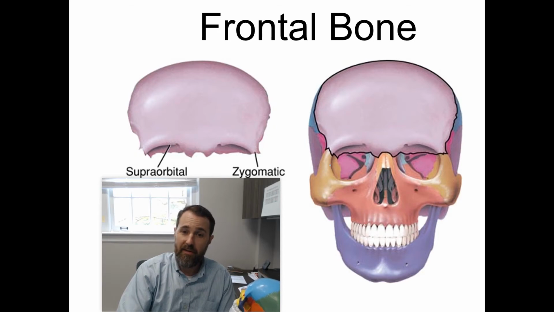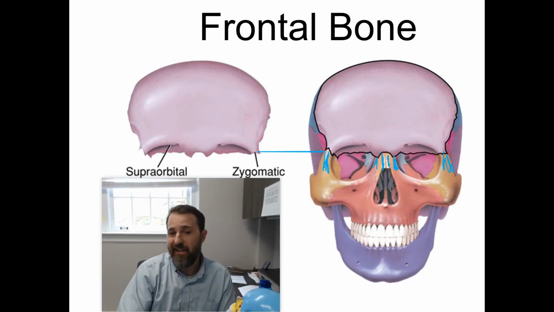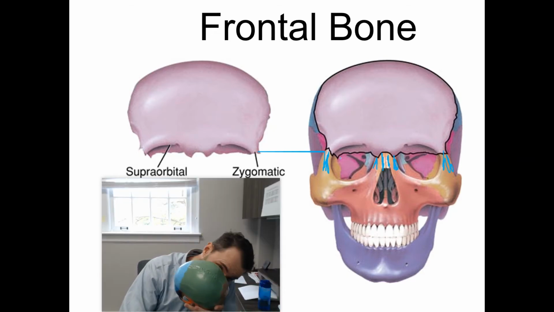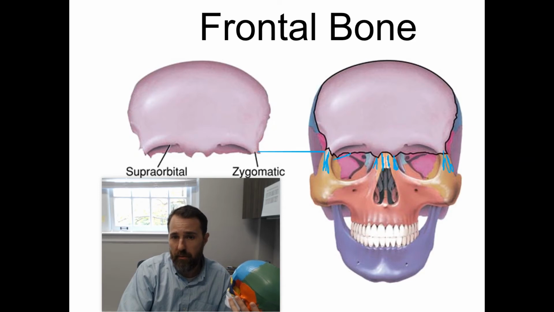And you can see that it articulates inferiorly with the zygomatic bones, here and here. It articulates inferiorly with the maxillary bones, here and here, and the nasal bones, here and here. It articulates inferiorly with the sphenoid bone, so it's touching the sphenoid back in there.